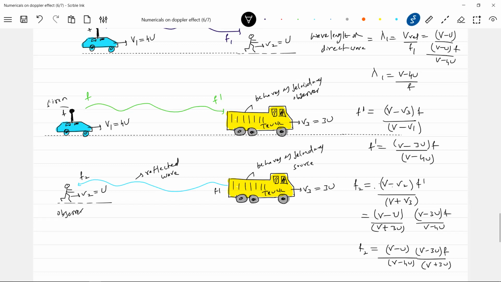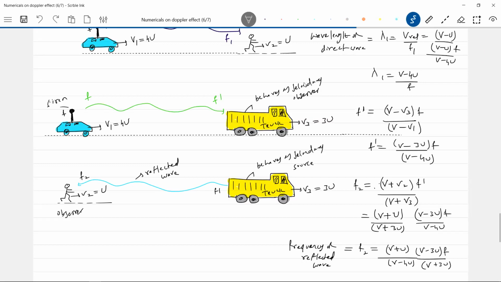Yeah, V plus V2. So V2 you know. Just verify once. So what is this? This is the frequency of the reflected wave. Got the idea?